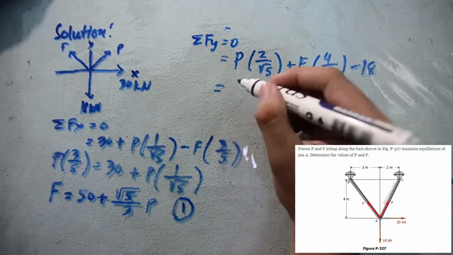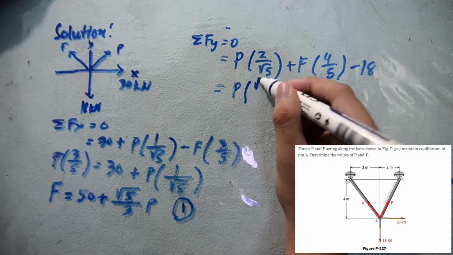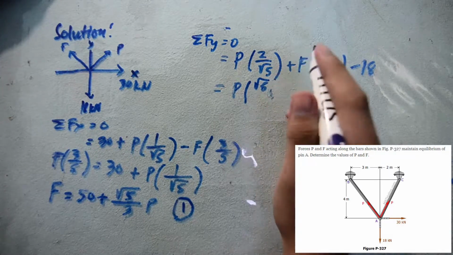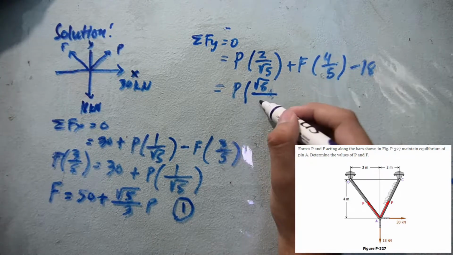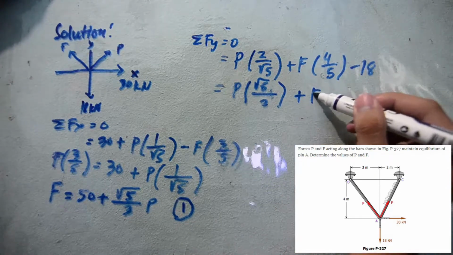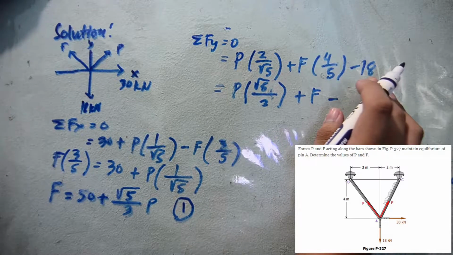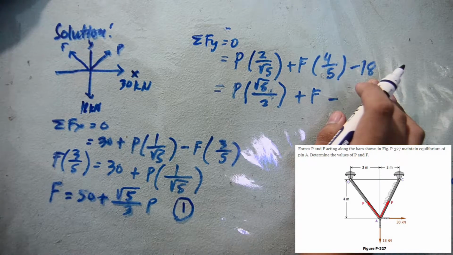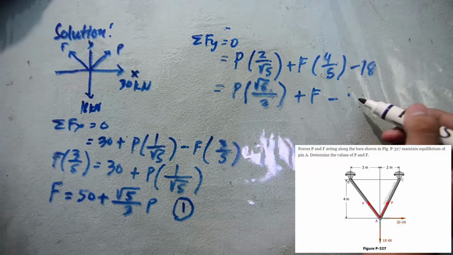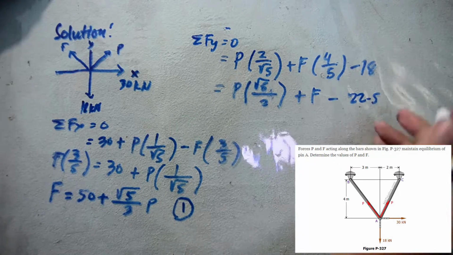So we're going to get p square root of 5 over 2 plus f minus 18 times 5 is equal to 60 divided by 4. Therefore we have it as 22.5.